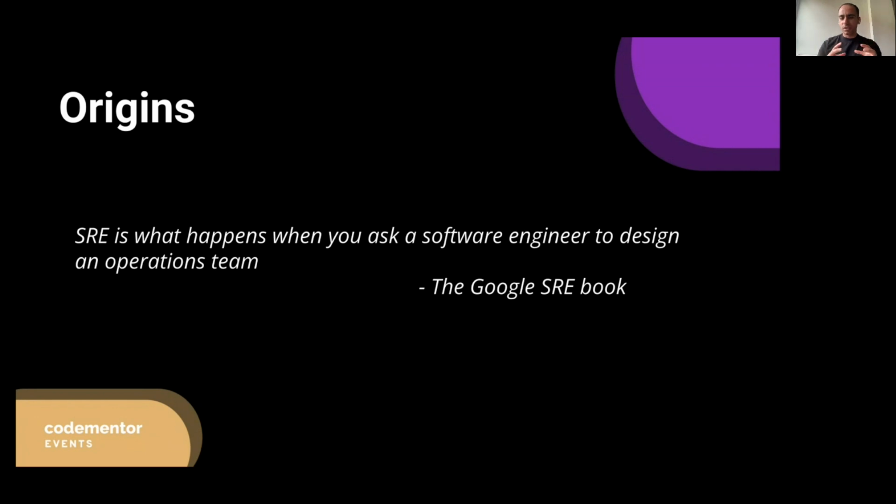That was the origin of SRE, when a bunch of software engineers were tasked to do these operations. And they were told, do it the way you do software engineering, the way you like to automate everything, automate yourself out of this job. That's essentially where the whole SRE concept and culture was born.